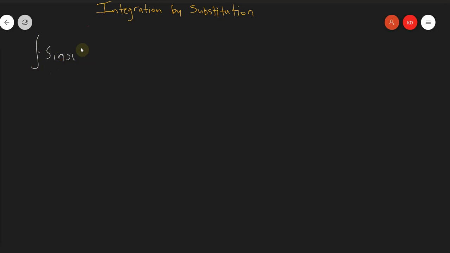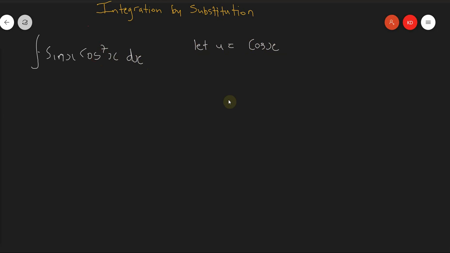The pen is lagging, making my bad handwriting look worse. Okay, and for this problem we're going to let u equal to cos x.